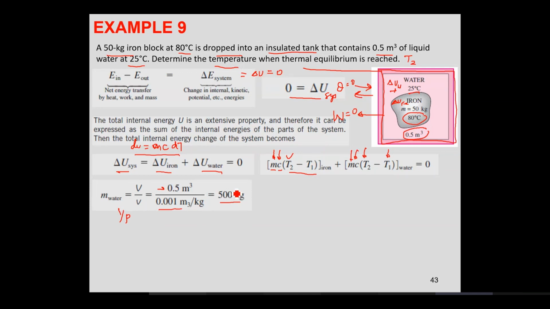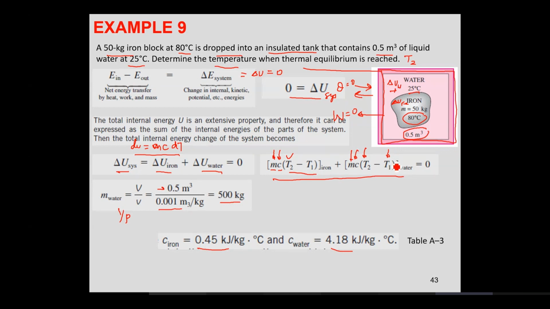And now if you find out the values of C for iron and water from the tables, it is 0.45 kilojoules per kg degree centigrade for iron and 4.18 for water from table A3. Once you have these values, you can plug them into the equation which we have written for delta U of the two components of our system.